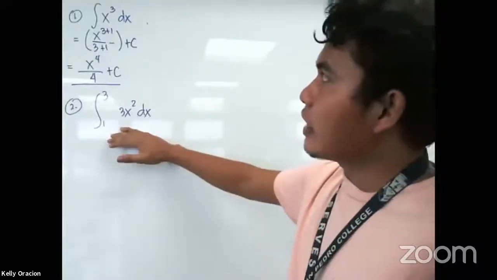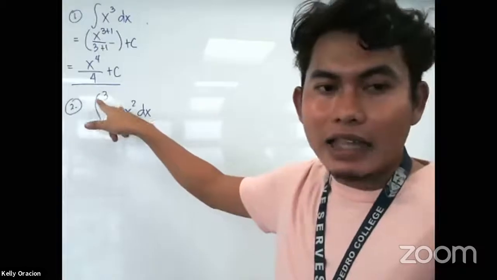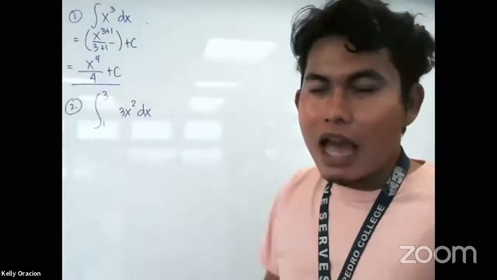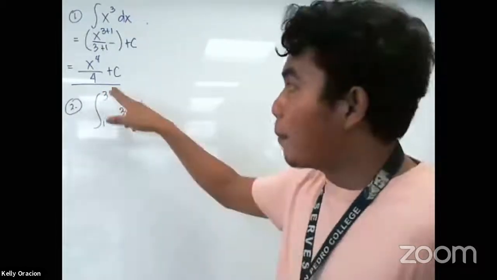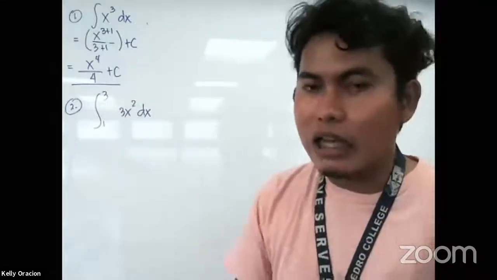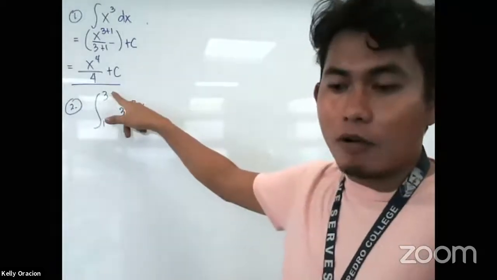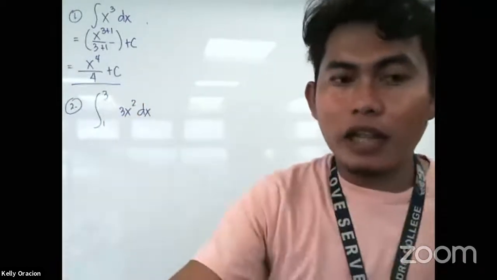As you can see, in the definite integral, the integral sign has a number on top and at the bottom. That is what we call the upper limit and lower limit, the interval. This is the upper limit of your integral, 3. This is the lower limit, 1.